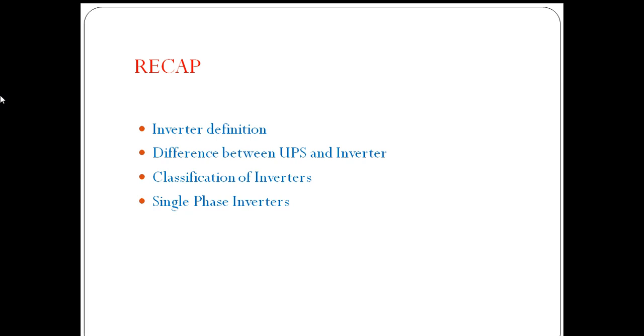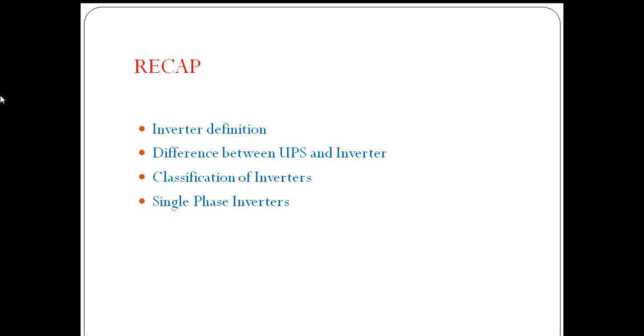Based on the commutation method adopted, these are classified as load commutation inverters and forced commutation inverters. Based on the circuit configuration, these are classified as half bridge inverter and full bridge inverter.